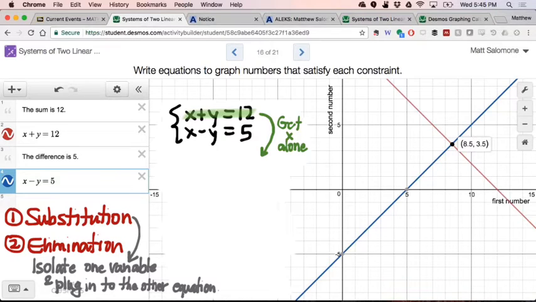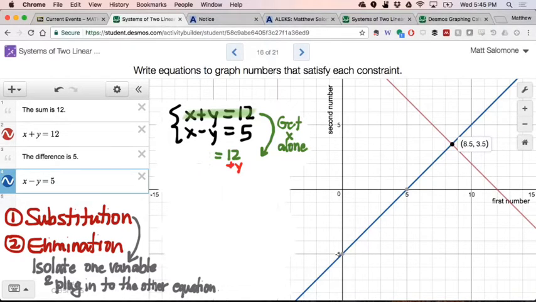Okay, so from the equation x plus y equals 12, how do I get x by itself? What's my one step? Yeah, I got to get that y off of the x, which means doing what with it? Since it's being added in the original equation, I'm sorry. You had it right, and then I transcribed it wrong.